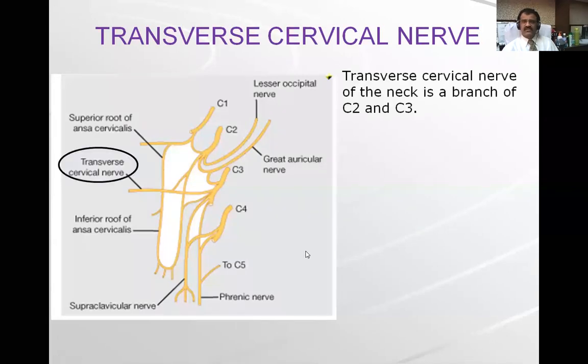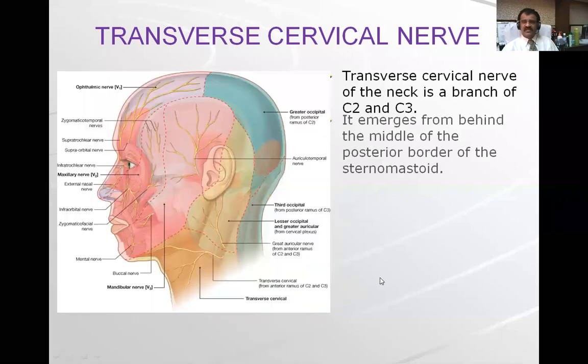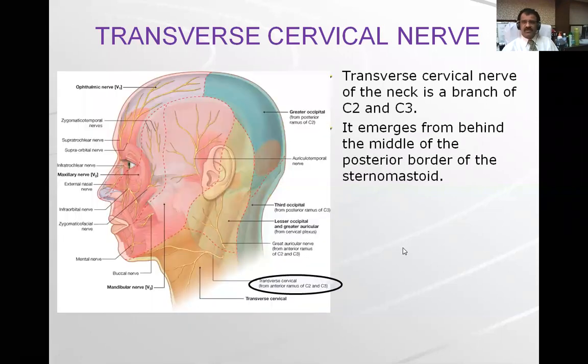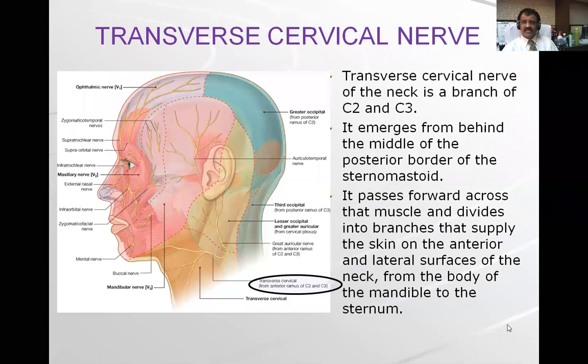Transverse cervical nerve of the neck is a branch of C2 and C3. It emerges from behind the middle of the posterior border of the sternocleidomastoid muscle. It passes forward across that muscle and divides into branches that supply the skin on the anterior and lateral surfaces of the neck from the body of the mandible to the sternum.